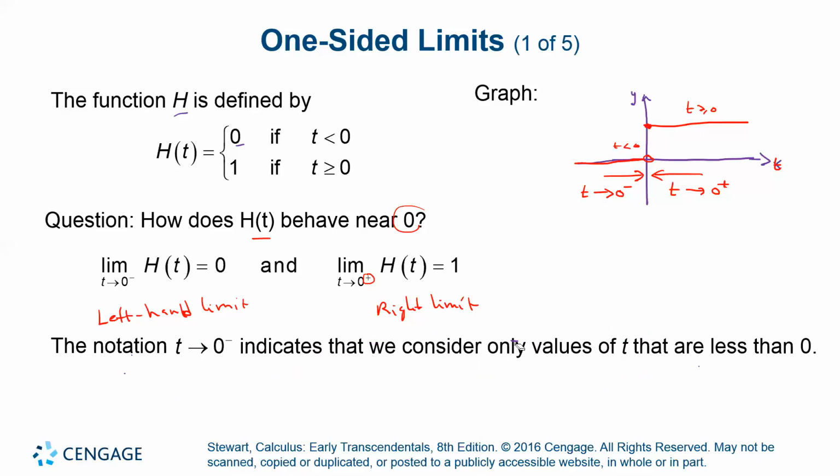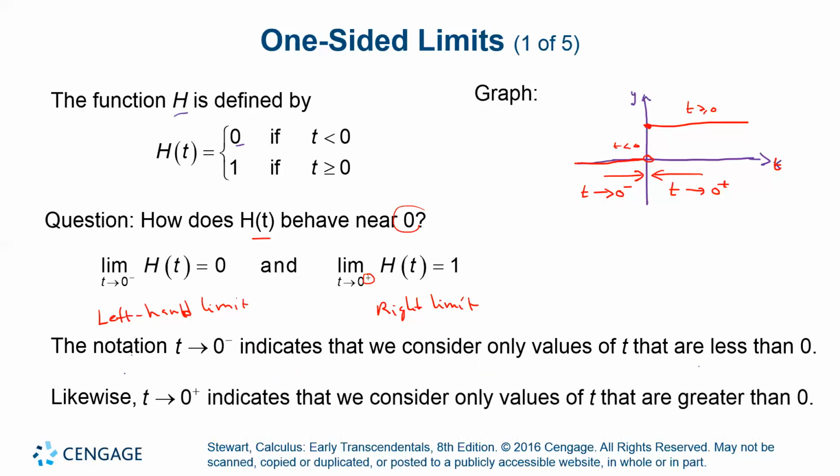And secondly, when t approaches 0 from the right, that indicates that we consider only values of t that are greater than 0. The first one, we consider values less than 0. So this is basically a one-sided limit.